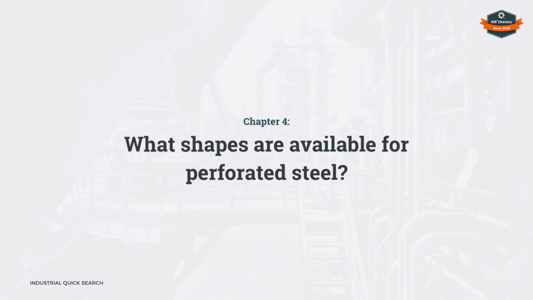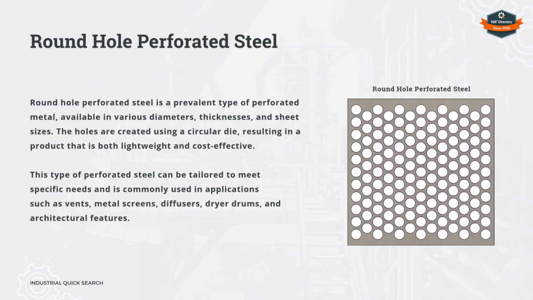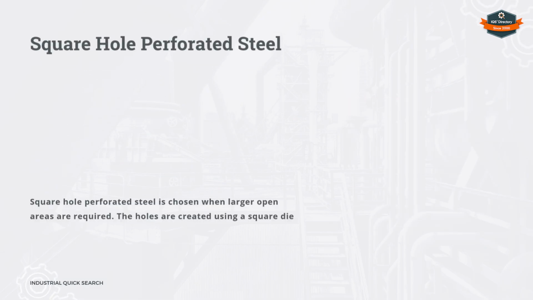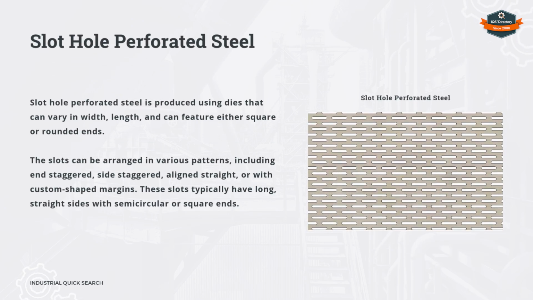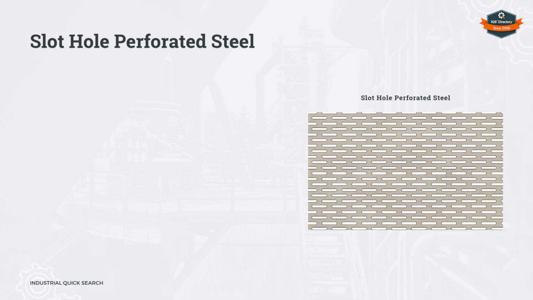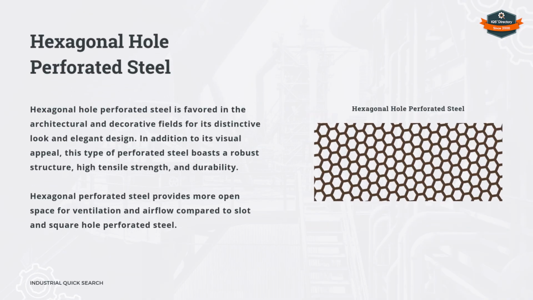Chapter 4. What shapes are available for perforated steel? Round hole perforated steel. Square hole perforated steel. Slot hole perforated steel. Hexagonal hole perforated steel.